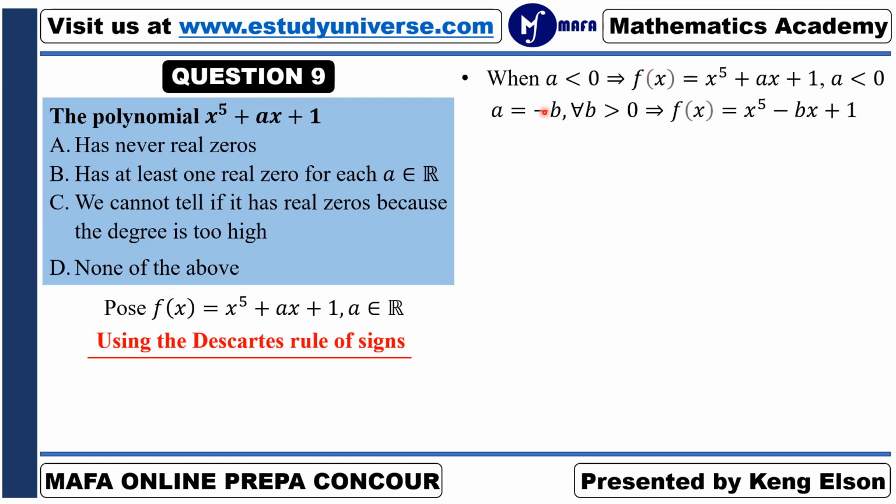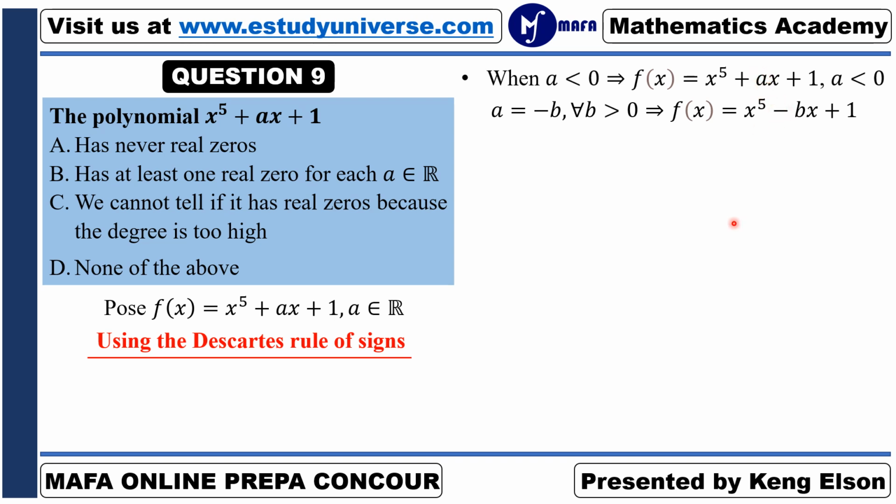Therefore, maybe I can replace it with negative b, where the b there is a positive number. Negative times positive is negative. So it means that my f of x will be x to the power 5 minus bx plus 1. The b here is positive because there's a negative sign attached to it, which is actually a.